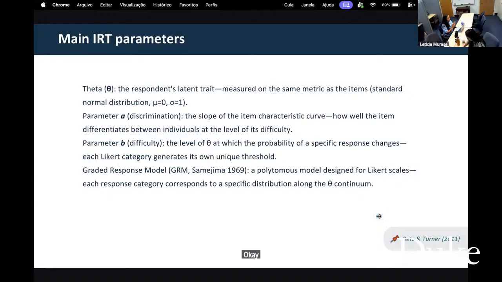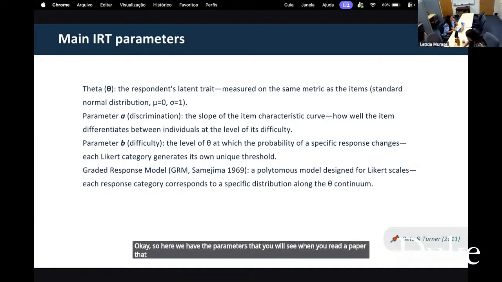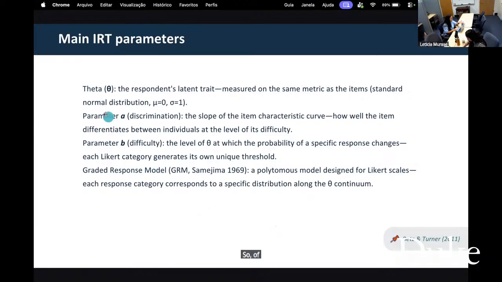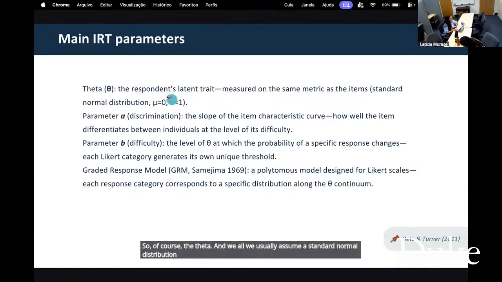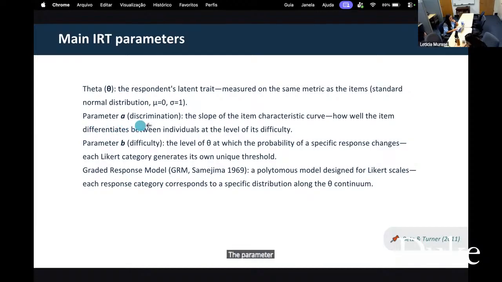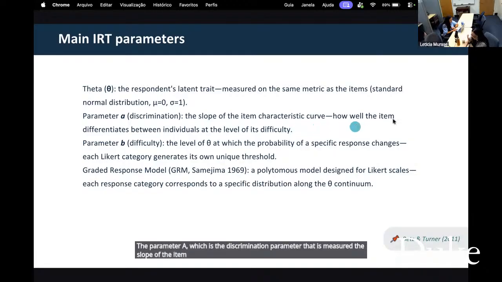Okay, so here we have the parameters that you will see when you read a paper that used IRT. Of course the theta, and we usually assume a standard normal distribution, like the Gauss curve, where the mean ability is 0 and the standard deviation is 1. The parameter A, which is the discrimination parameter, measures the slope of the item characteristic curve.